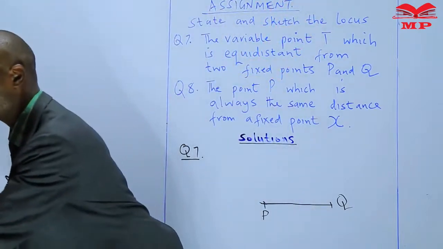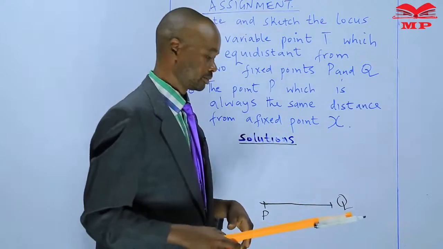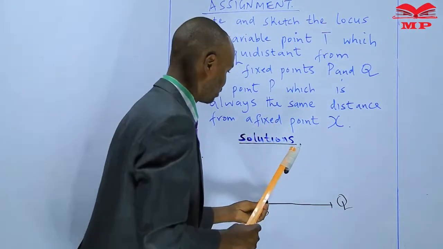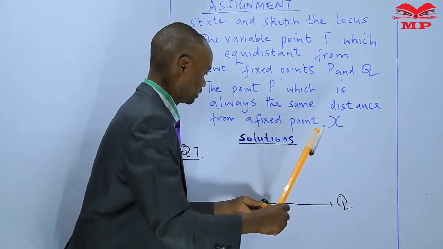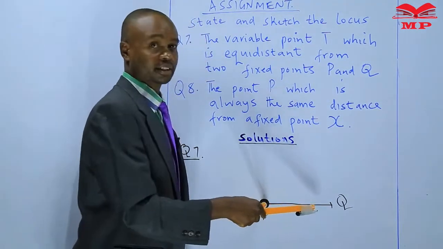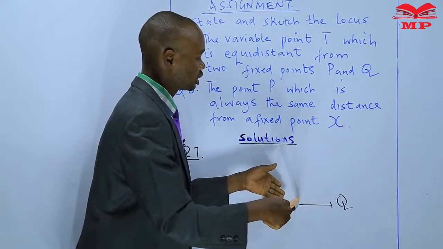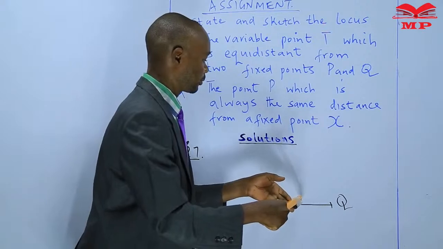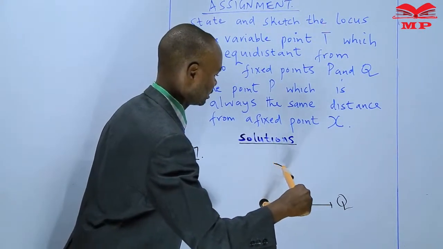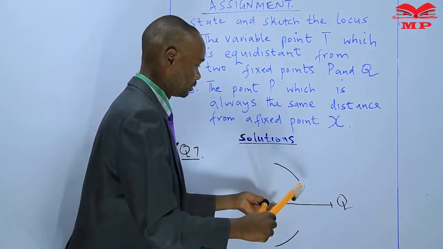So I'll put my ruler down and use my compasses. So to bisect that, I'll go at P. With that compass, ensure that the first arc is at least more than a half the line PQ. So strike an arc above, strike an arc below.